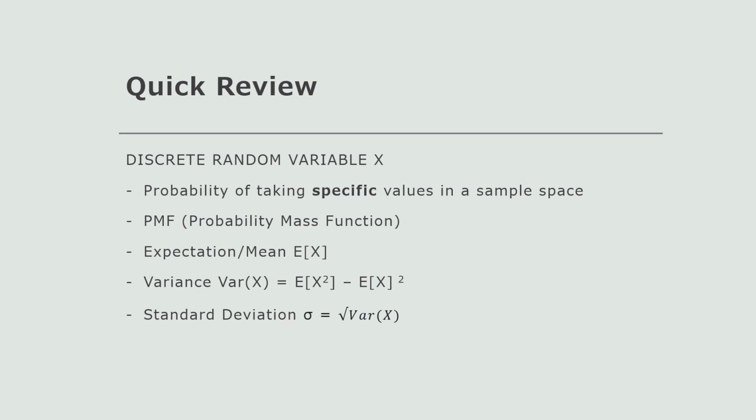It can be described in terms of probability mass function, or PMF, which is the probability that the random variable takes on a certain value; expectation or mean, or E[X], the summation of the values the random variable can take on multiplied by the probability that it will take on these values; and variance, or Var(X), how spread out the PMF of X is, which can also be written as E[X^2] minus the expectation squared. The standard deviation is the square root of variance.